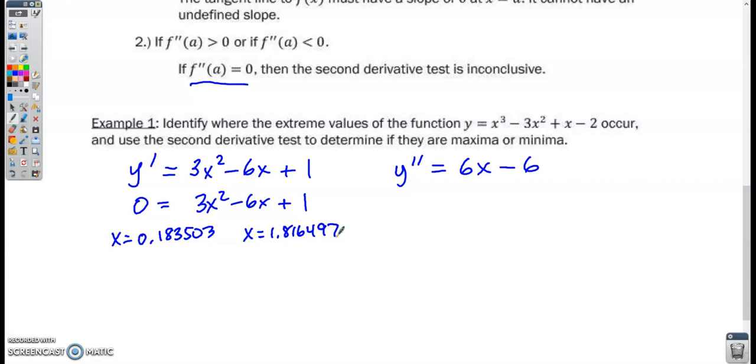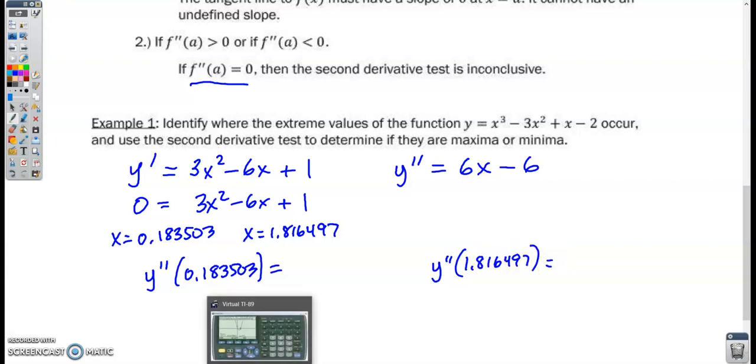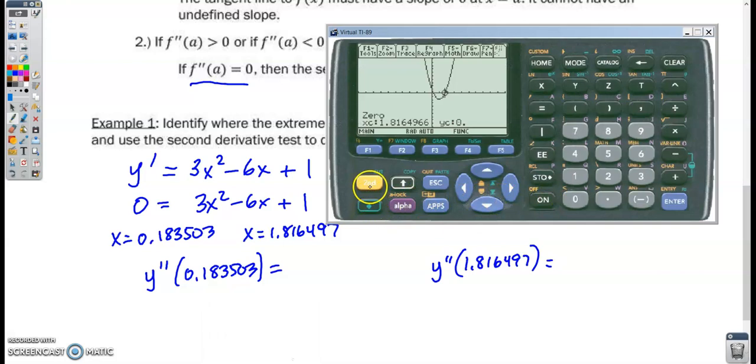What I'm going to do is find the value of y double prime at each of these, and that is going to tell me whether this is a maximum or a minimum. So I'm going to find y double prime of 0.183, etc., and y double prime of 1.816497 and see what those values are. My second derivative is the function 6x minus 6.